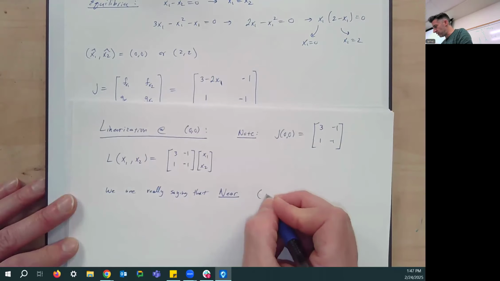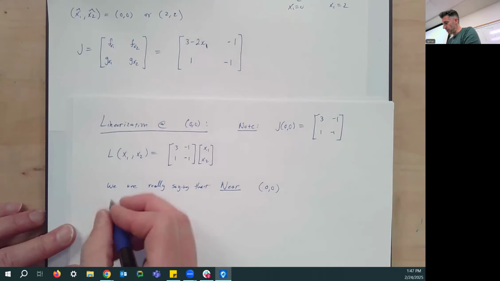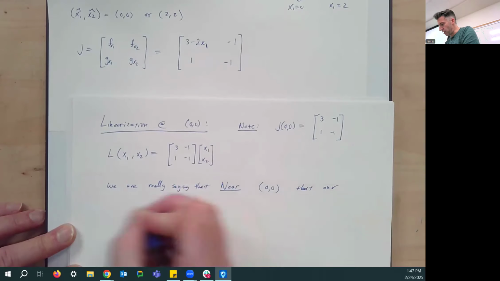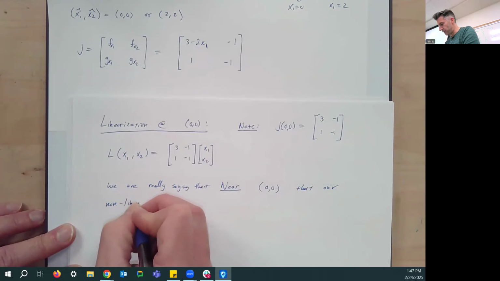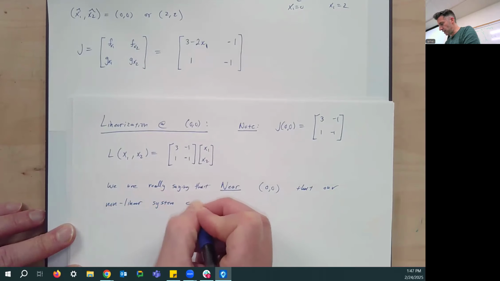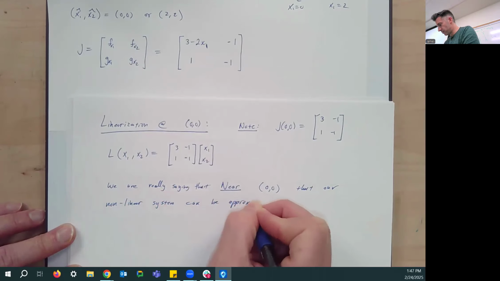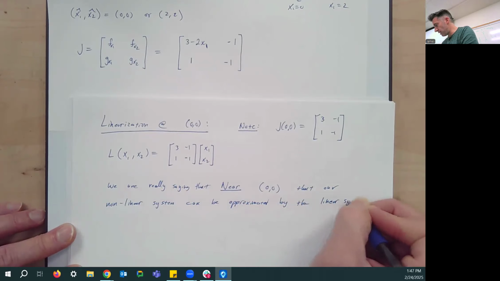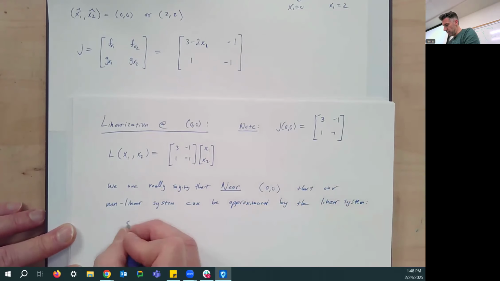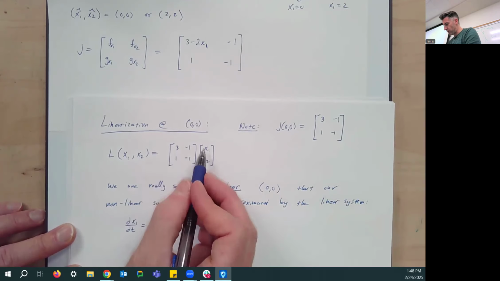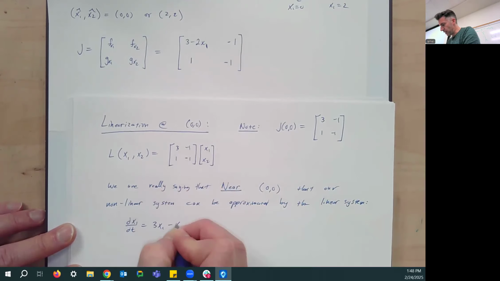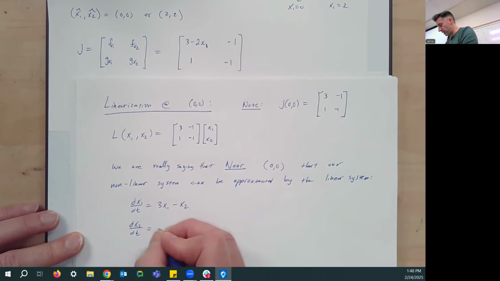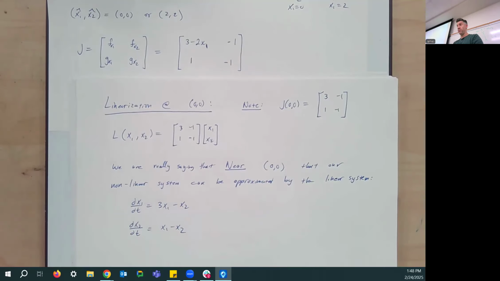Near this equilibrium 0, 0, our nonlinear system can be approximated by the linear system represented by that matrix, which I'm going to write out: dx1/dt is equal to 3x1 minus x2, and, not surprisingly, dx2/dt, since it's already linear, is going to be 1x1 minus x2, which is what it already was, right?